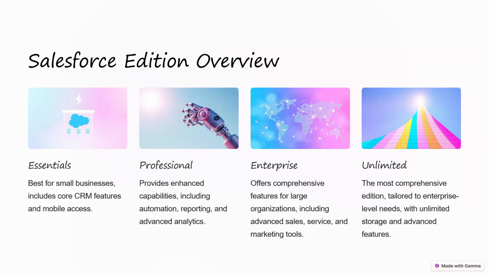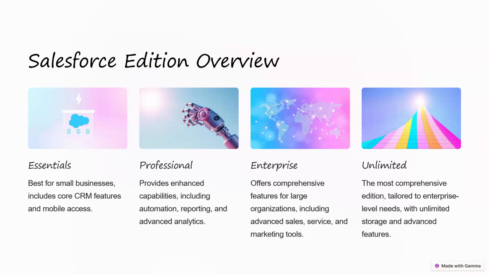Based on each edition, the accessibility and functionality will be leveraged to the persons, so that they can access more than the other. For example, essential editions are for small businesses, and include core CRM functional features and mobile access. These are the accessibilities given by Salesforce. The professional edition provides enhanced capabilities, including automations, reportings, and advanced analytics.